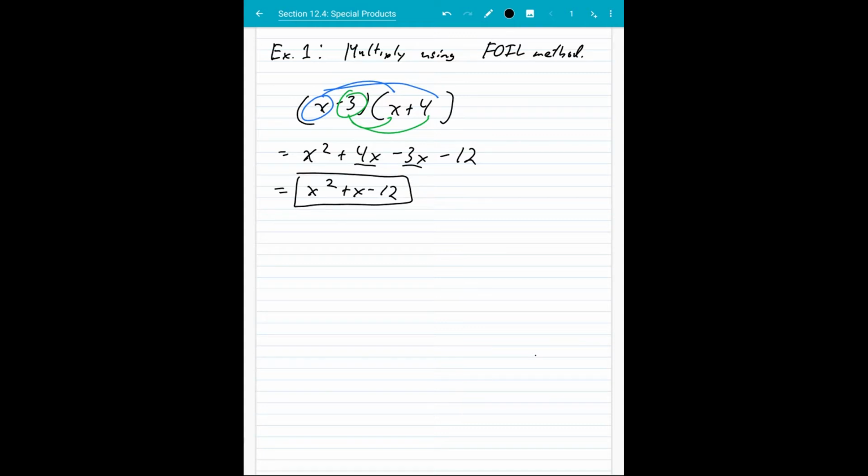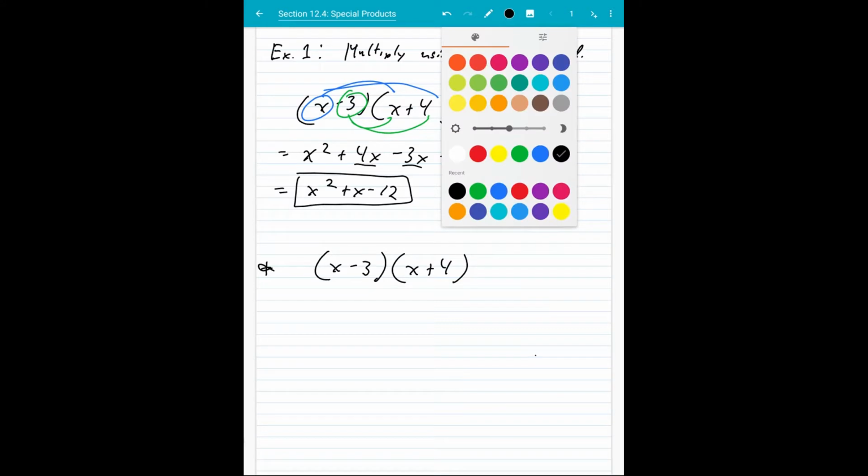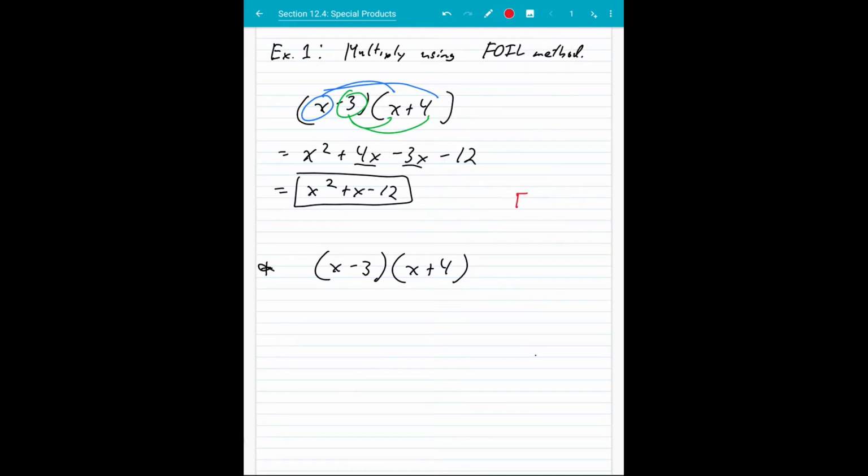But using the FOIL method, it's inherently the same exact thing we went over last time. FOIL basically stands for this. The F stands for front. The O stands for outer. The I stands for inner. And the L stands for last.